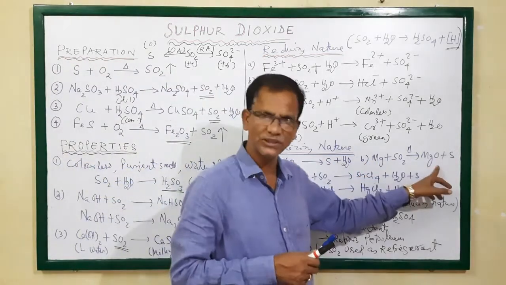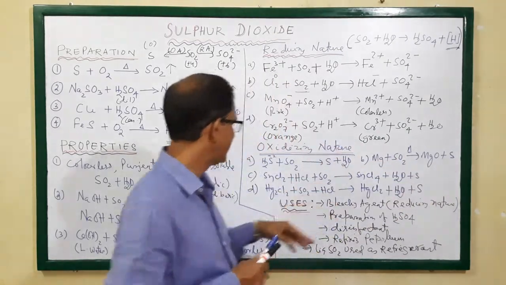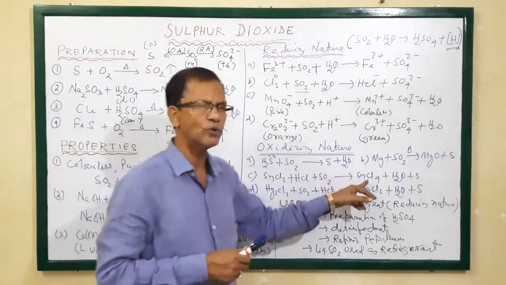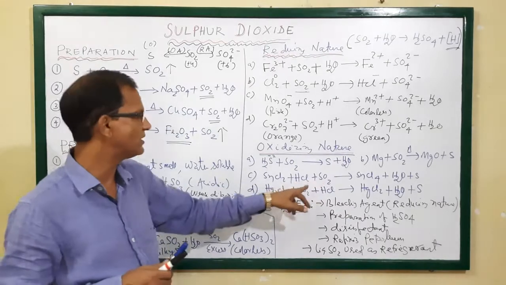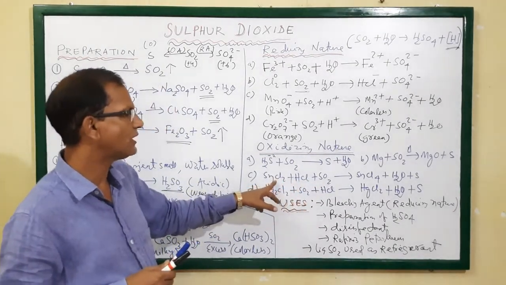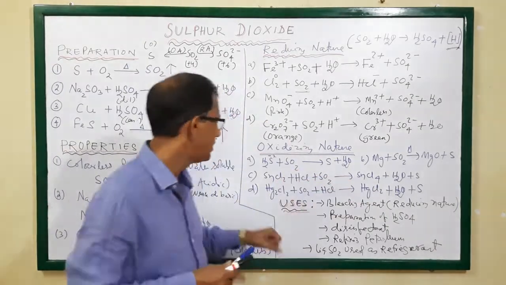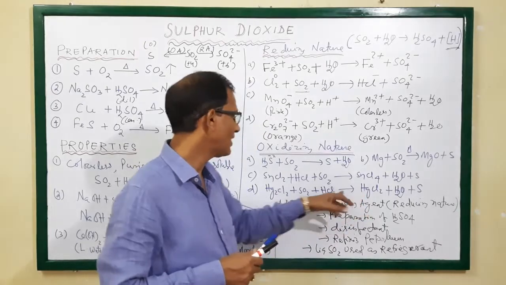Magnesium is oxidized to magnesium oxide. Then stannous to stannic chloride. Stannous chloride converts to stannic chloride by SO2 in the presence of HCl as acidic medium. Mercurous chloride converts to mercuric chloride.